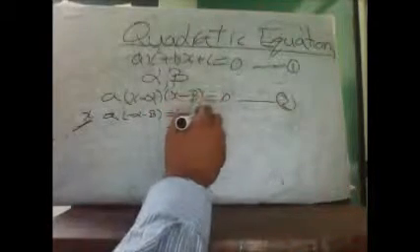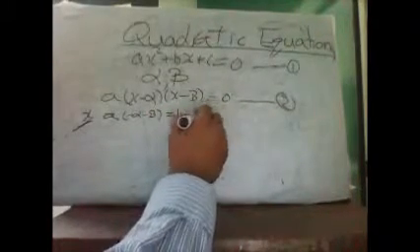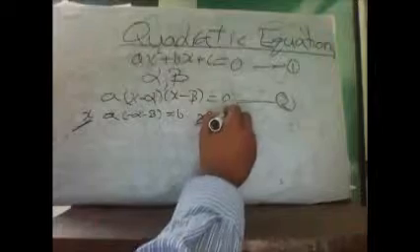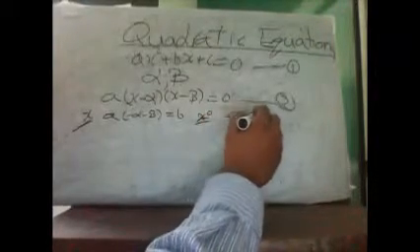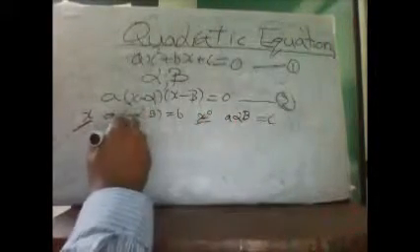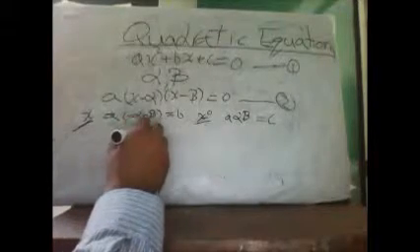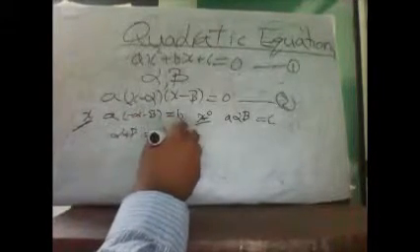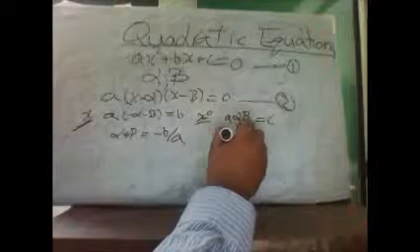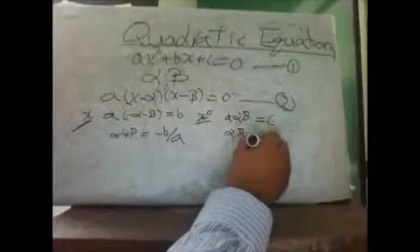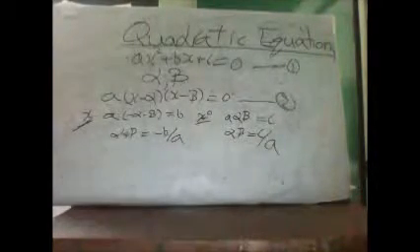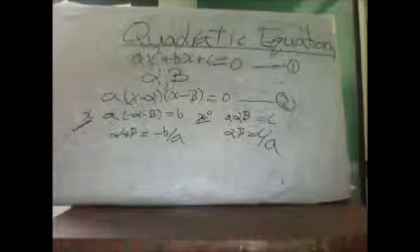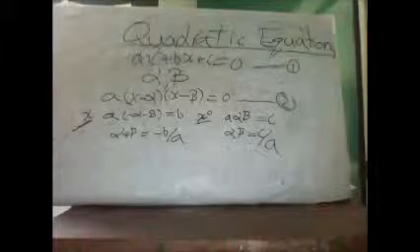And comparing the coefficient of x to the power 0, we get a alpha beta is equal to c. From here we get alpha plus beta is equal to minus b by a, and alpha into beta is equal to c by a. Now we know the product of roots is equal to c by a and the summation of the roots is equal to minus b by a in the normal equation.